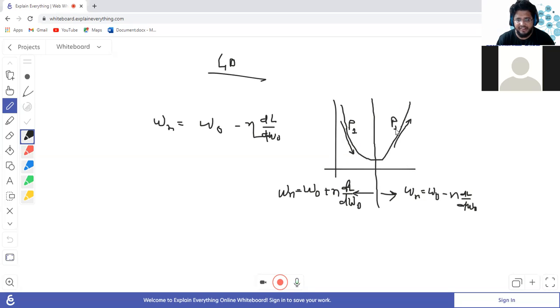Whichever point we are at, P1 or P2, we need to make sure that we are always descending in the downward direction of the slope of the gradient, for minimization of the loss. We have to come towards the minima, right? Yes, so this is the minima point.